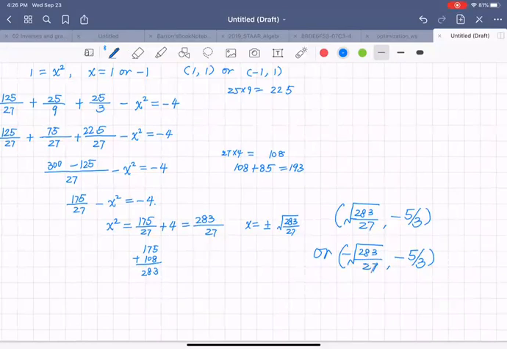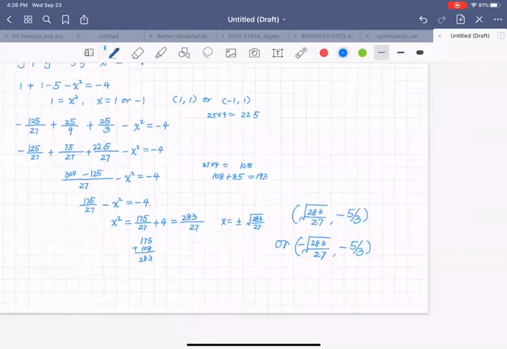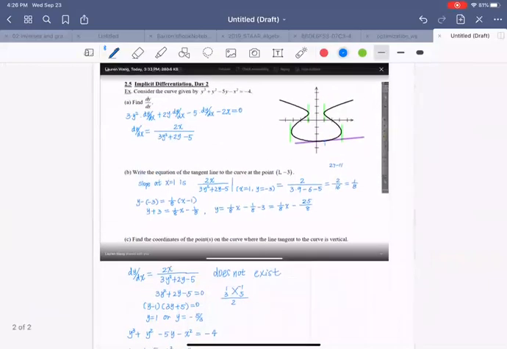The problem for this question is it's not possible for us to simplify, right? Yeah, this is a very typical question.